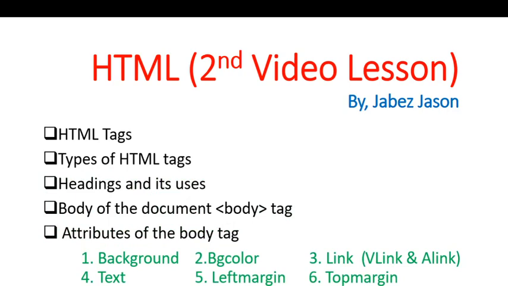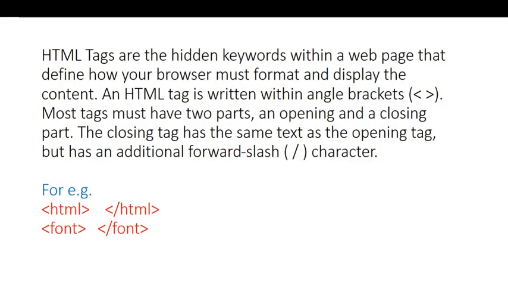Okay, so to begin with, let's begin with the HTML tag. What is this HTML tag? In simple terms, HTML tags are the hidden keywords within a web page that define how your browser must format and display the content, right? An HTML tag is written within angle brackets. Most tags must have 2 parts, an opening and a closing part.